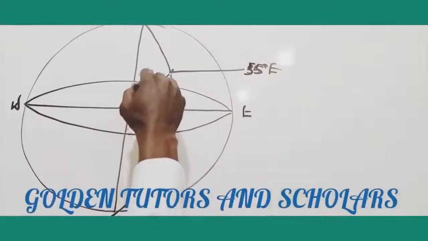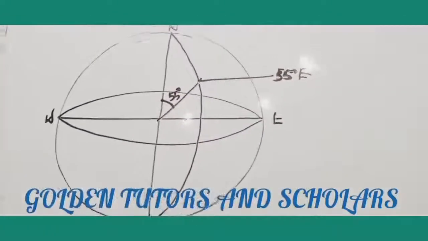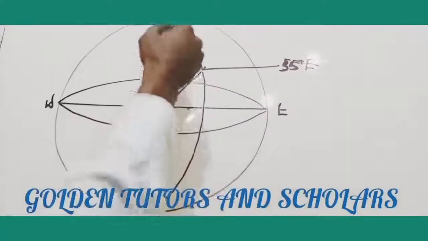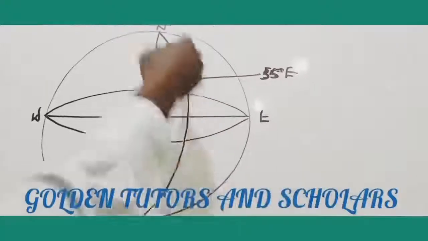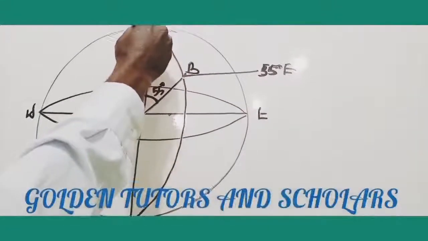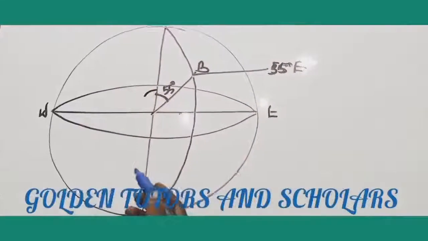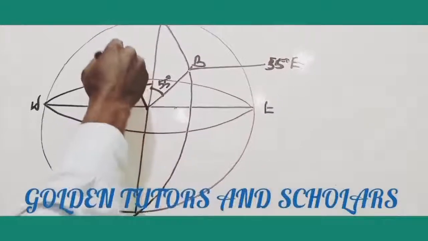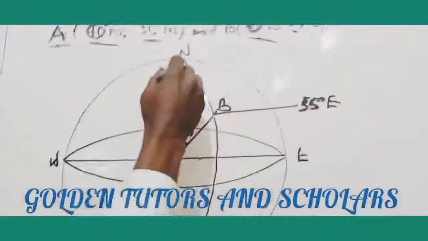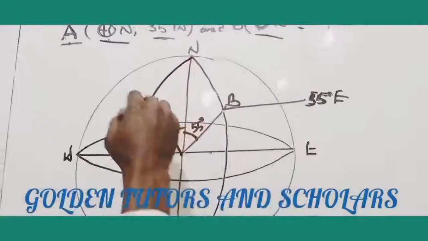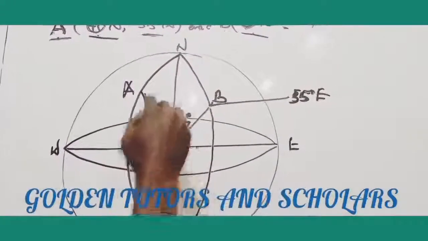Let's say this is 55 degrees, roughly. Town B is on the east side, while town A is on longitude 35 degrees west. Remember that their latitude is towards the north, which is why I took it to the north. So town A is here, and it's just 35 degrees west.